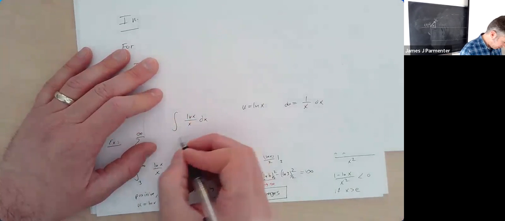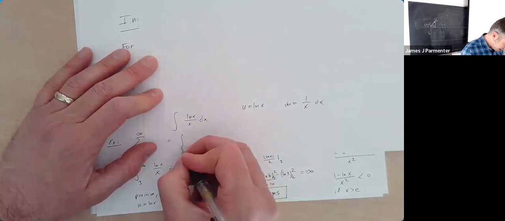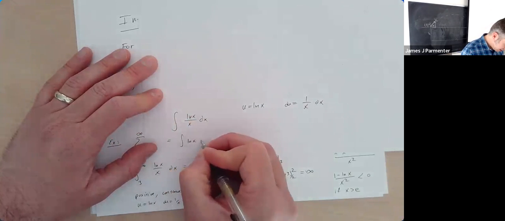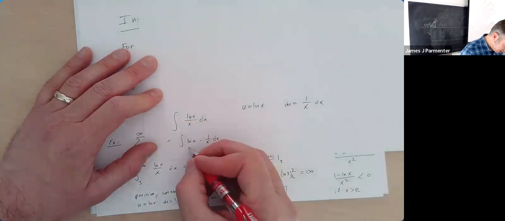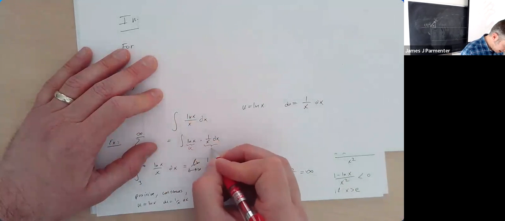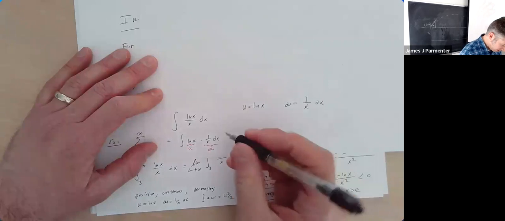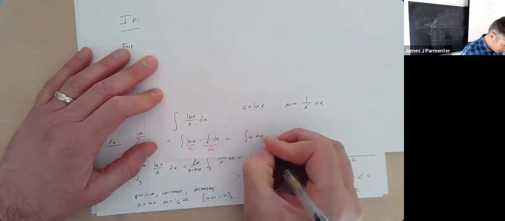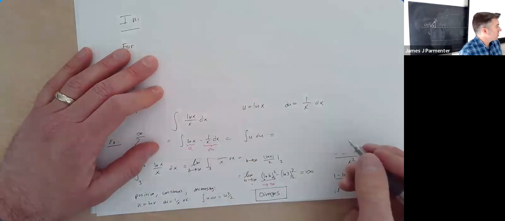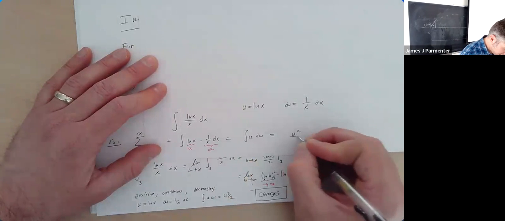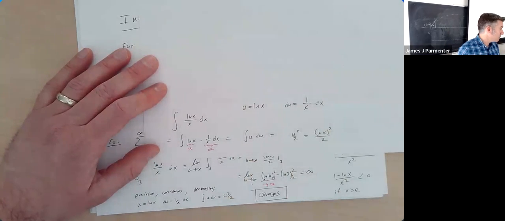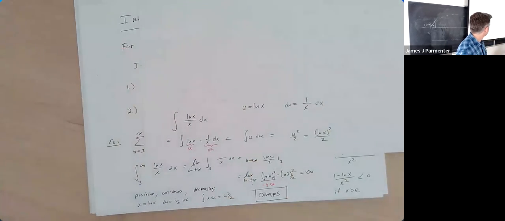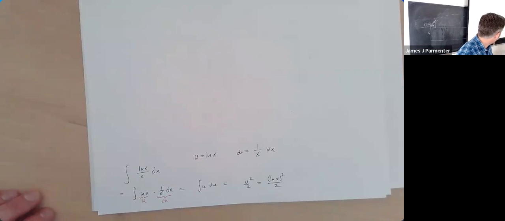So I'm really thinking about rewriting this as the integral of natural log of x times 1 over x dx. And then that's my u, and that's my du. And then we just rewrite it as the integral of u du, and then we use the reverse power rule, and get u squared over 2, which is the natural log of x squared over 2, which I forgot the over 2. All right, it looks a little messy. I should do that. That was better.